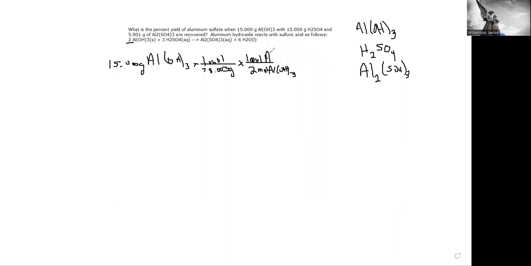of Al2(SO4)3 times 1 mole of that weighs 342.15 grams.